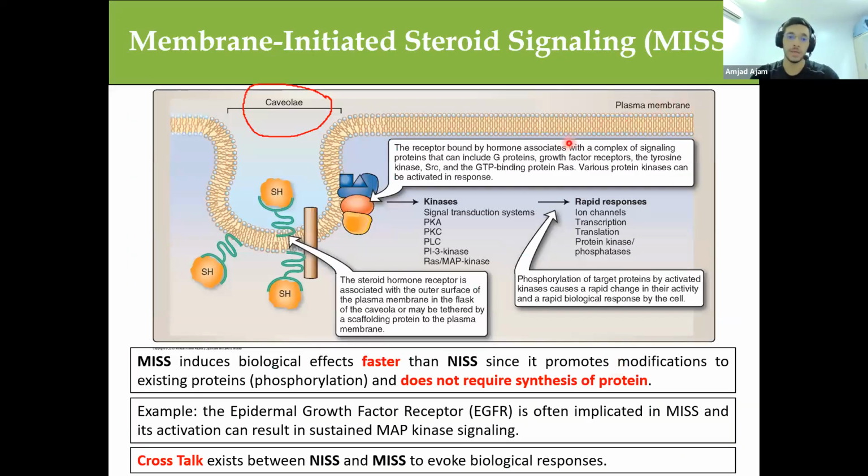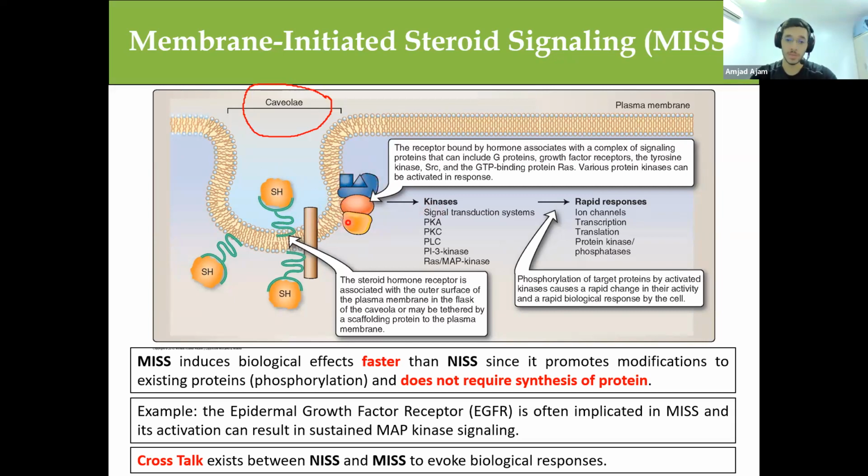Now about the MES, remember that MES is the membrane initiated. So the receptor is found on the plasma membrane and not intracellularly. So once we have the steroid hormone binding to this receptor, it will activate certain signaling proteins. Examples are G proteins, growth factors, tyrosine kinase, SRC, and so on.